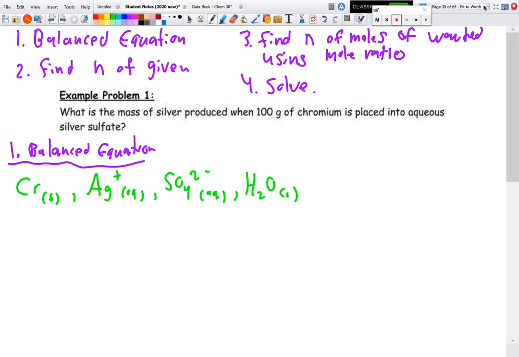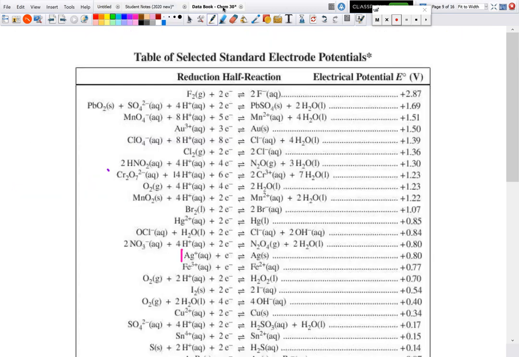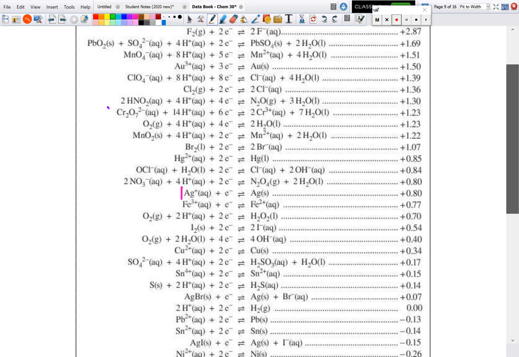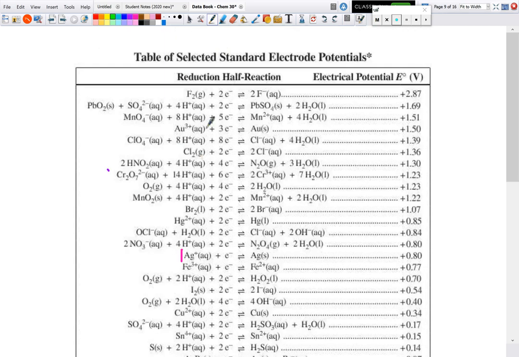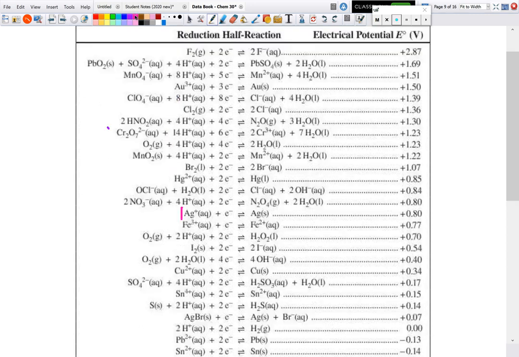Now from here we need to find our strongest oxidizing agent and strongest reducing agent. So that's when we go to our data booklet, right? We start at the top left-hand side and start scrolling down to see which one we come across for our strongest oxidizing agent. And we will notice that silver, our silver ion, is the first one that we see. So now we can go back.